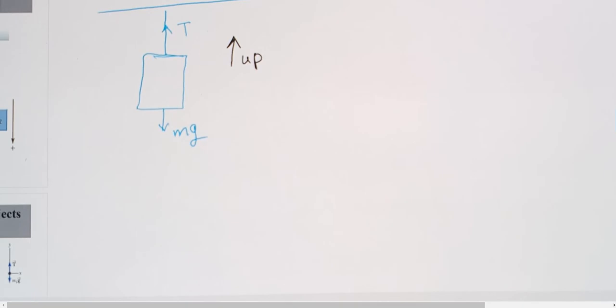Now it's always confusing for the students. Should I write mg minus T or T minus mg in this equation? Well, if it is moving up, it's clearly that tension is larger than the force of gravity.